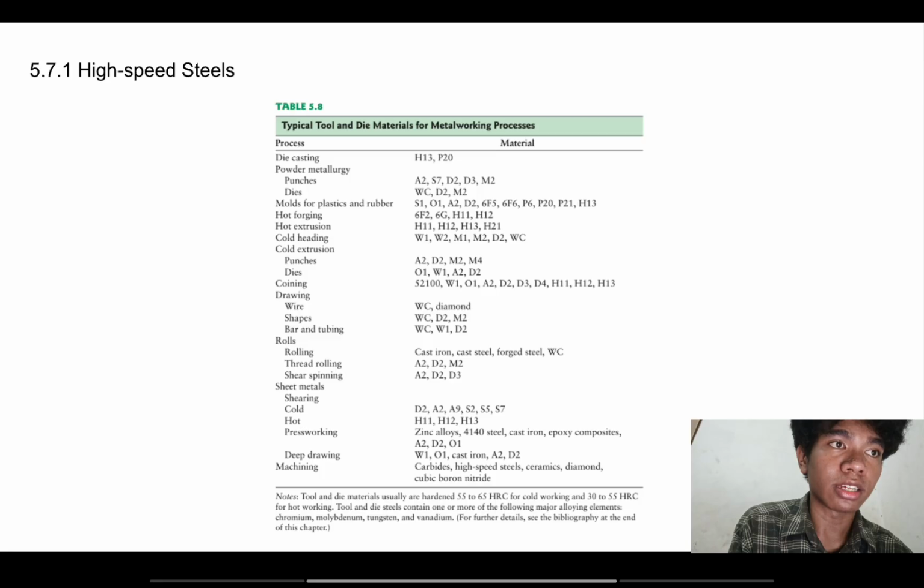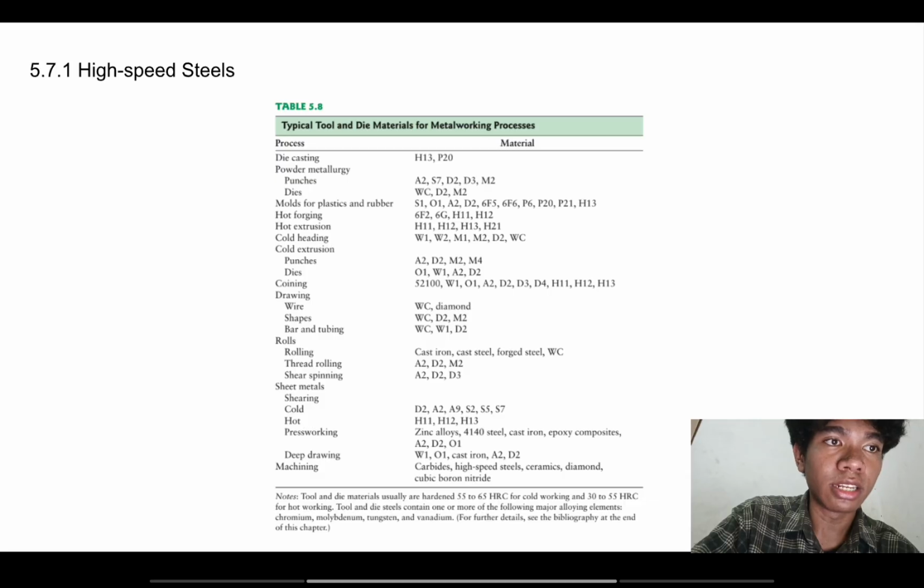And this is the table 5.8. This is several processes of the material, such as die casting is for H13 and P20. Powder metallurgy such as punches and dies are for A2, S7, D2, D3, and M2.